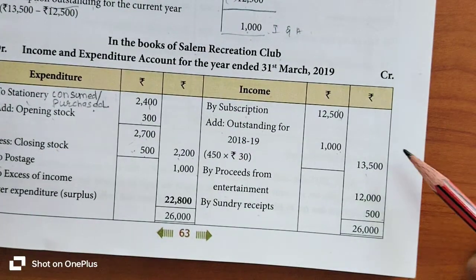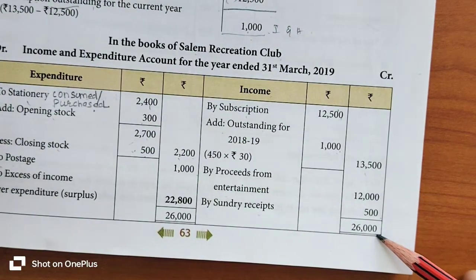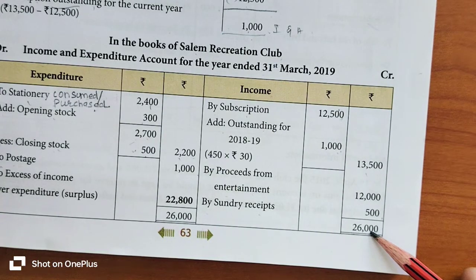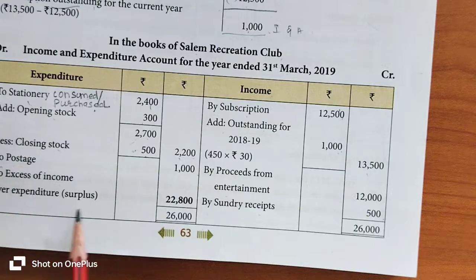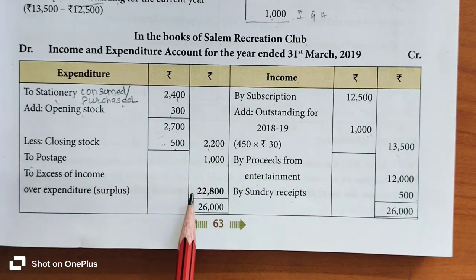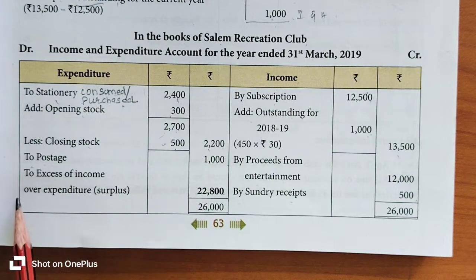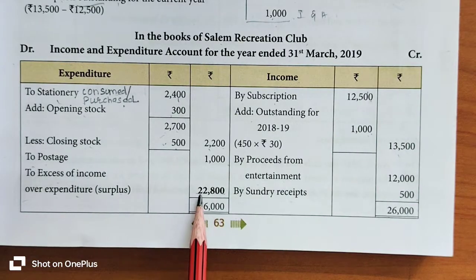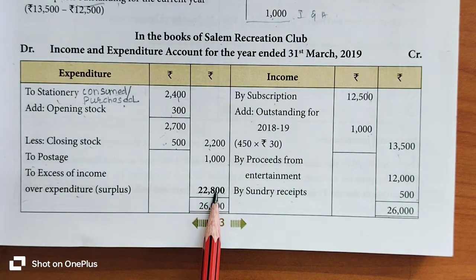You will get the total on the income side, that means the credit side, 26,000 rupees. Then you will get the surplus on the debit side, 22,800 rupees. You write against it, to excess of income over expenditure, surplus. This surplus of 22,800 rupees will be added with the capital fund on the liability side of the balance sheet.